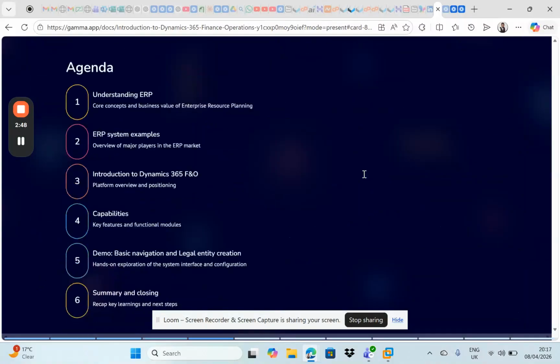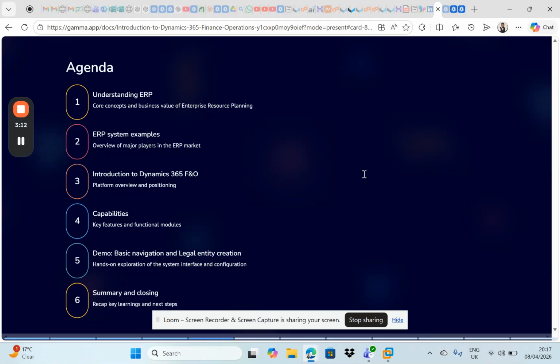Moving ahead, as our agenda, we'll understand ERP systems and different types of ERP systems. We're going to look at an introduction to Dynamics 365, and then the core capabilities of Dynamics 365, that is the key features and the functional modules within the system.